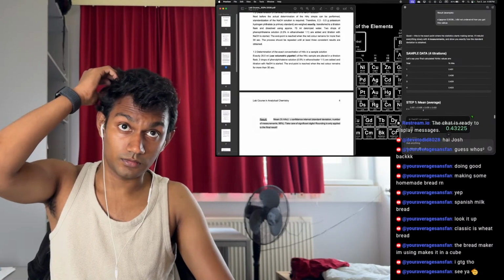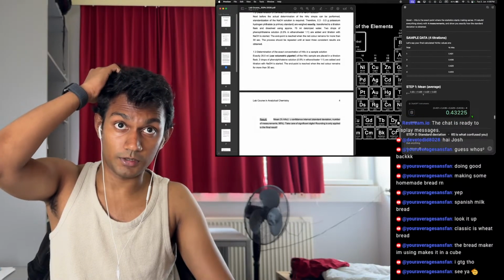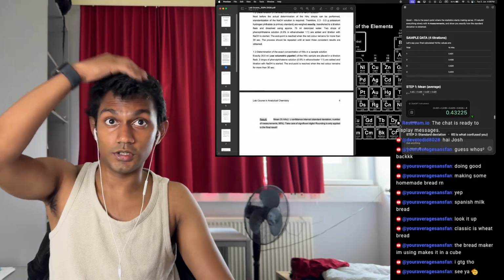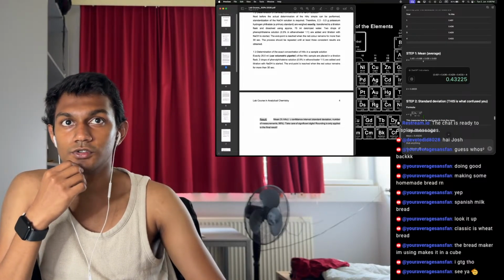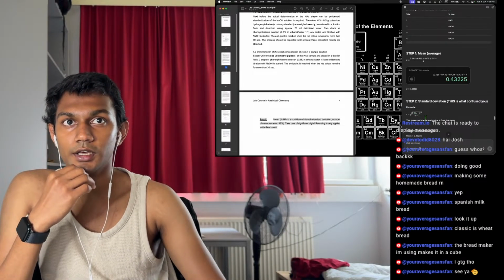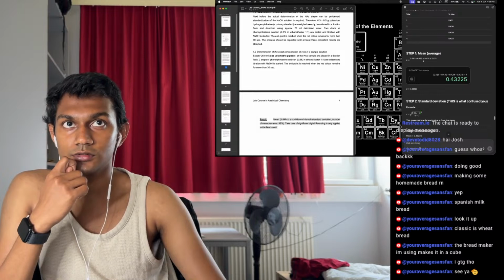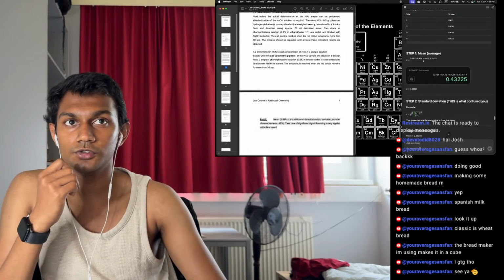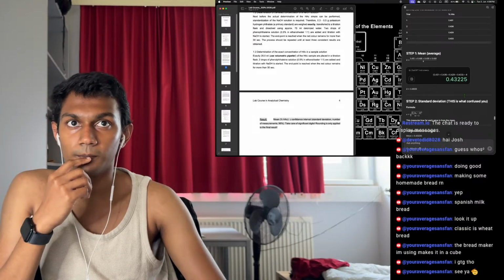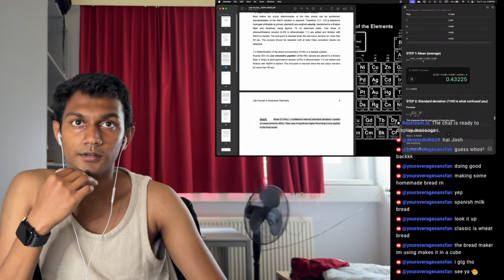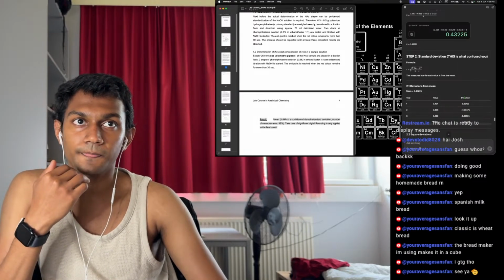Okay. For 4 times divided by 4, mean average equals... Standard deviation, this is what confused you. Formula: xi minus x-bar, so the individual result minus the mean, squared and summed.